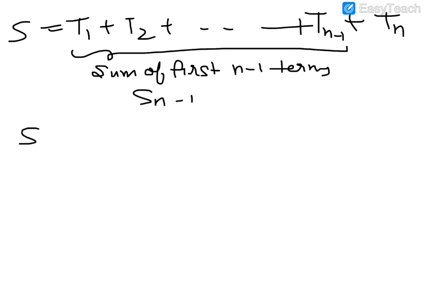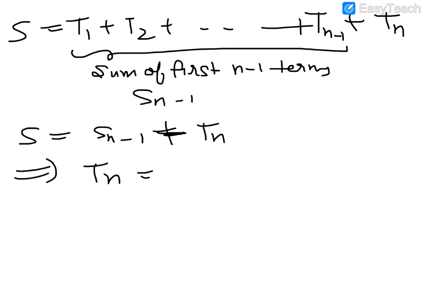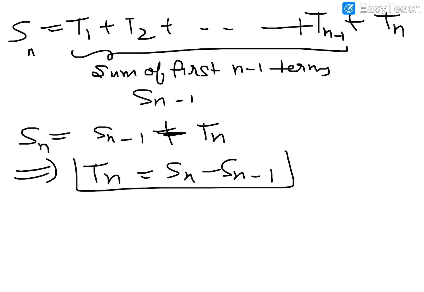So can I say S of n is equal to S of (n minus 1) plus tn, or I can say tn is equal to Sn minus S(n minus 1). Remember this result, it's a very applicable result, and it is valid not only for an AP, it is valid for every sequence.